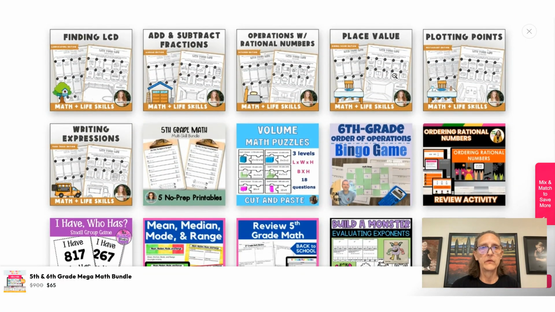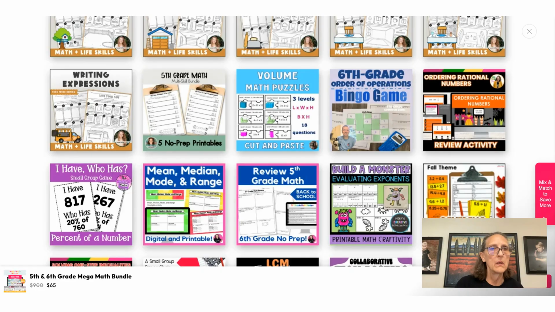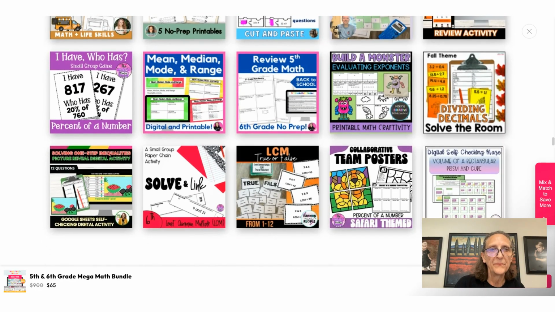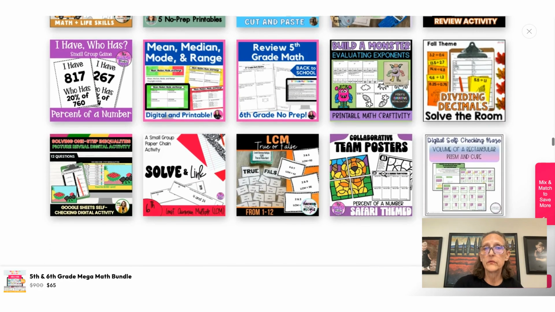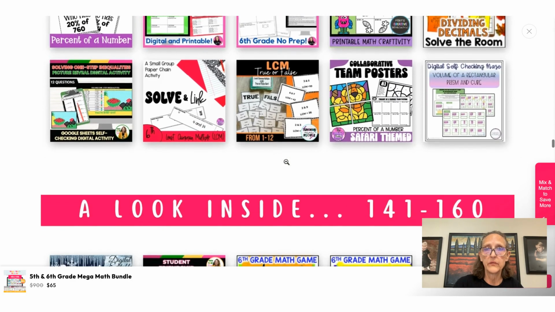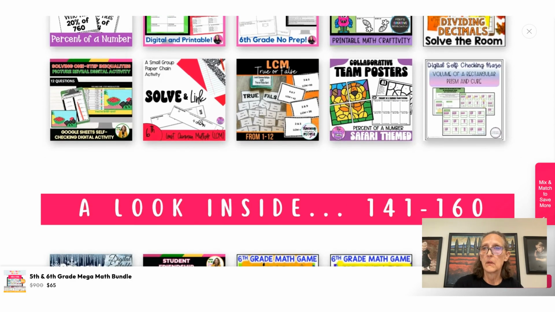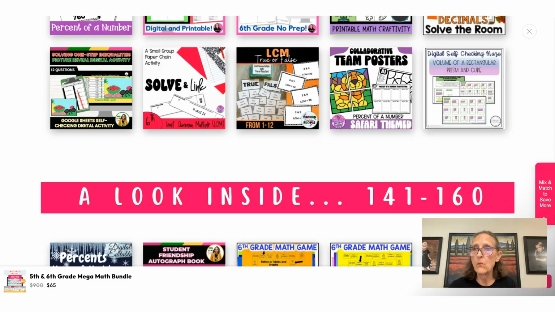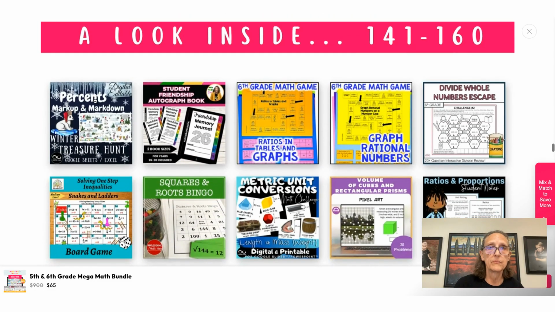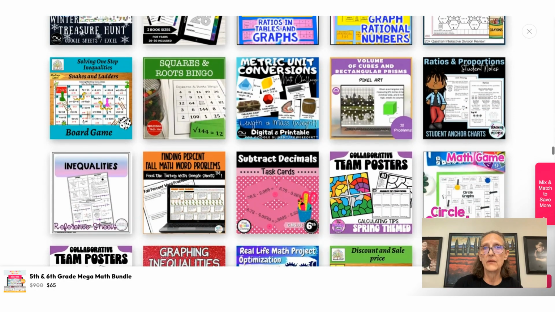All right, tons of different things for finding the least common denominator, writing expressions, sixth grade, order of operations bingo, dividing decimals, least common multiple, solving one-step inequalities. Here's a sixth grade math game for ratios in tables and graphs.